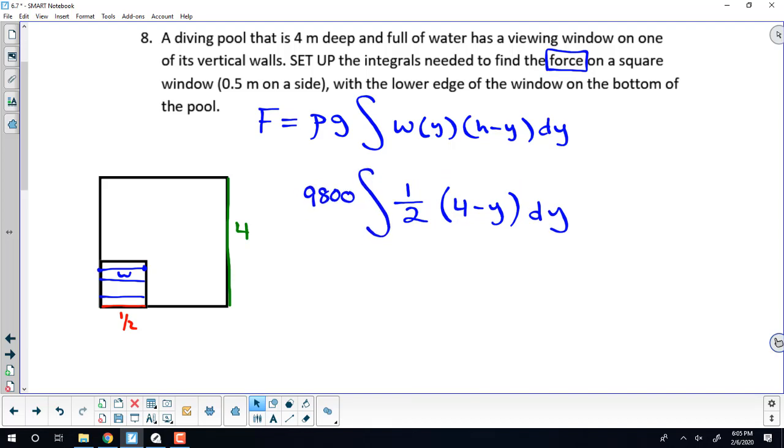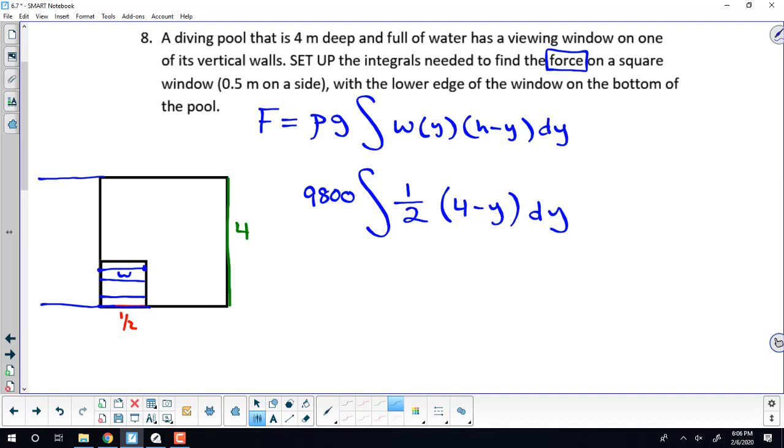And our bounds are from where to where? 0 to 1/2. What do y'all think? 0 to 1/2? So we're just determining where our cross sections are running. If you have that centered at the origin, this is 0 and this is 4.